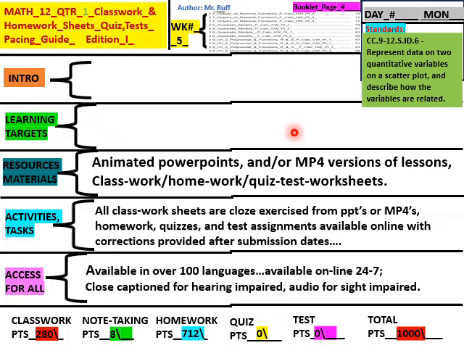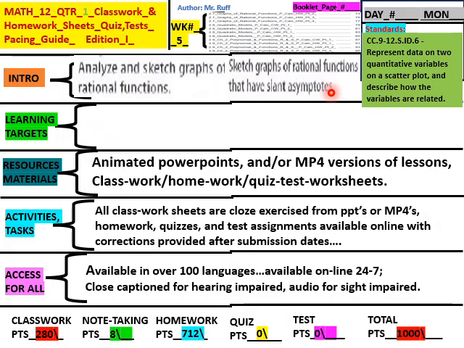And the dominant standard here is Common Core S.ID.6 represent data on 2 quantitative variables on a scatter plot and describe how the variables are related. So that's our standard.